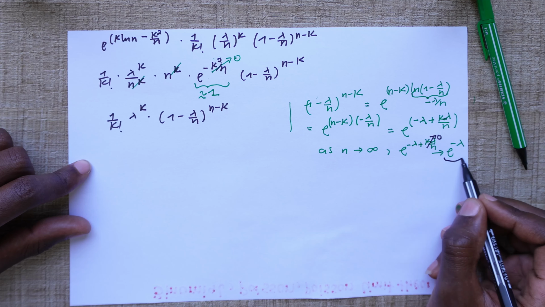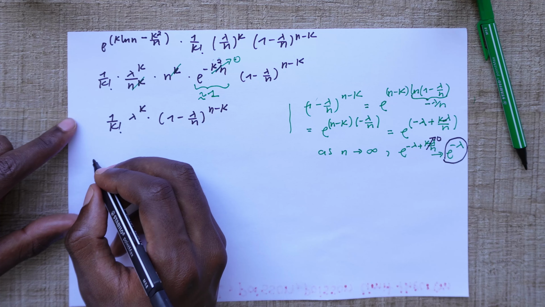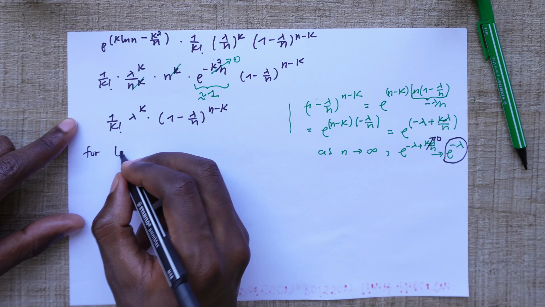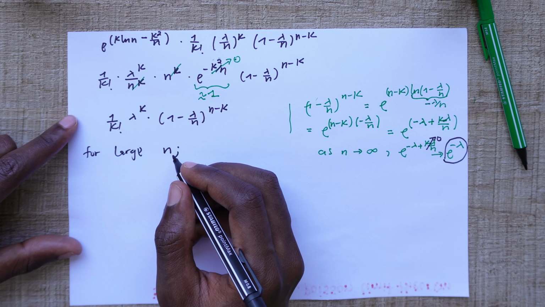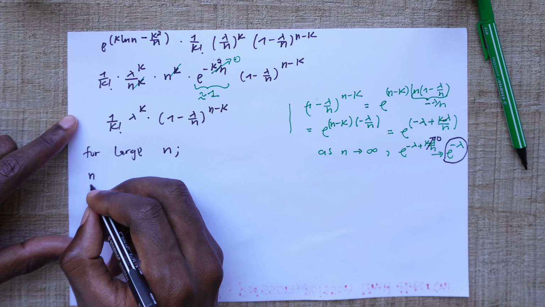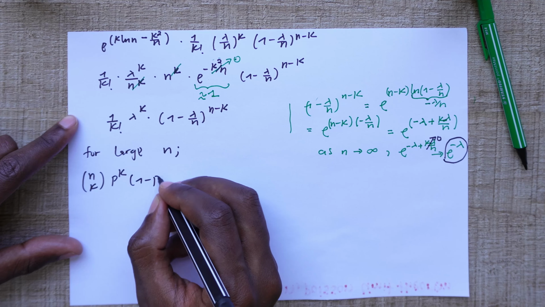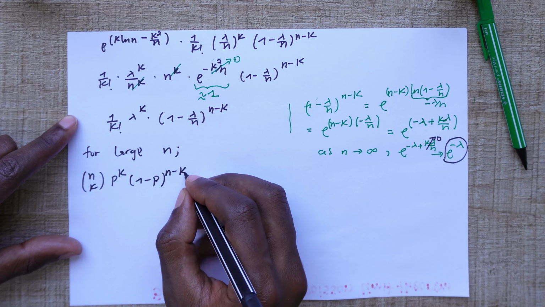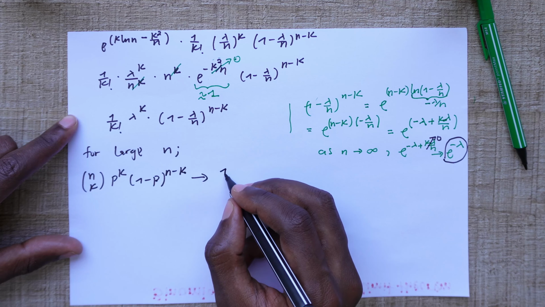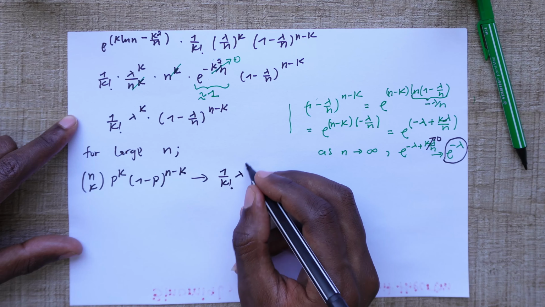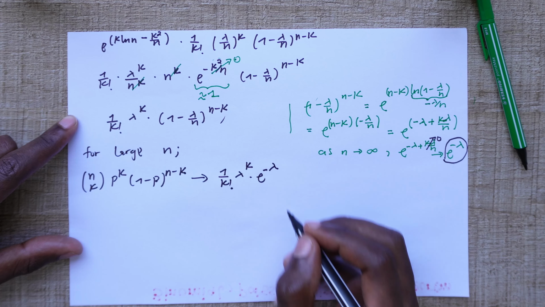So we can take this expression and plug it here. So for large n, we have that our binomial law, so the expression we had at the beginning, 1 minus p to the power n minus k, okay, this turns to 1 over k factorial, lambda to the power k, and this, which is e to the negative lambda.